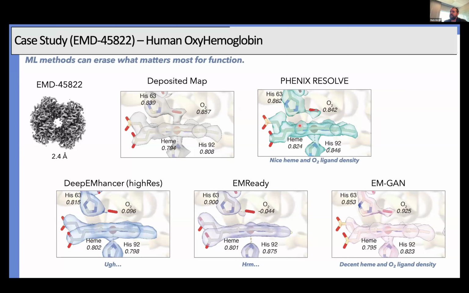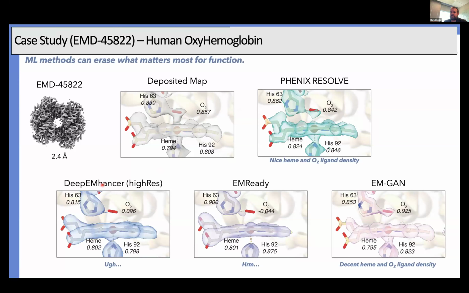In our Phoenix Resolve map, you can see that the vinyl groups on the heme are improved quite a bit. And the O2 density, the oxygen density, is retained, but it's not as strong as in the deposited map. And we start to see some difference in the connectivity between this oxygen and the iron that it's bound to.